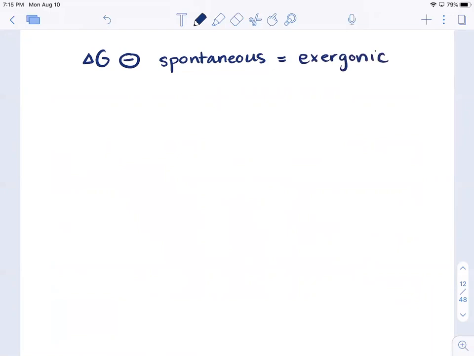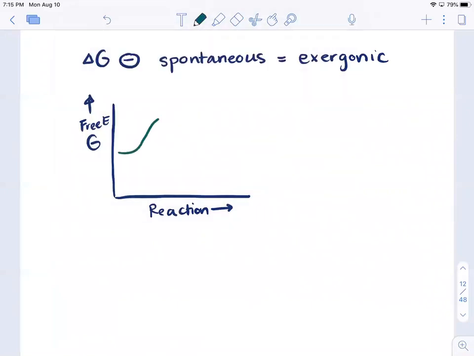A free energy diagram looks almost the exact same as our reaction coordinate from before, reaction progress or reaction coordinate on the X, and free energy or G on the Y. Again, reactants to products. In thermodynamics, we look at the difference between the two. There is delta G that is negative.